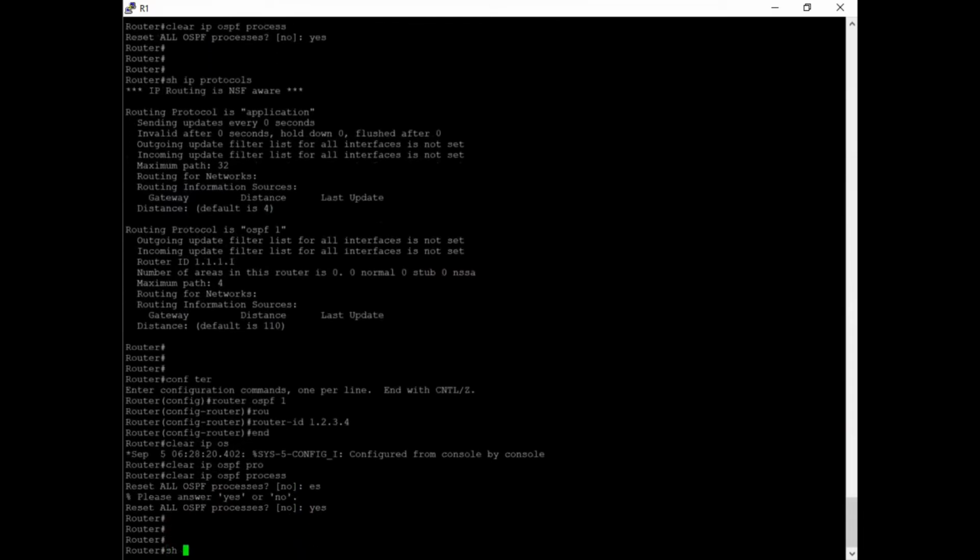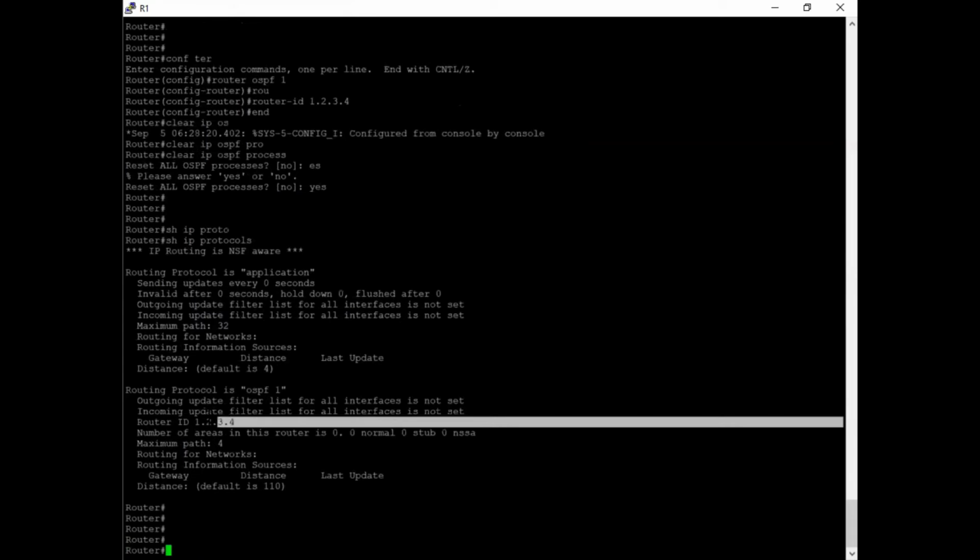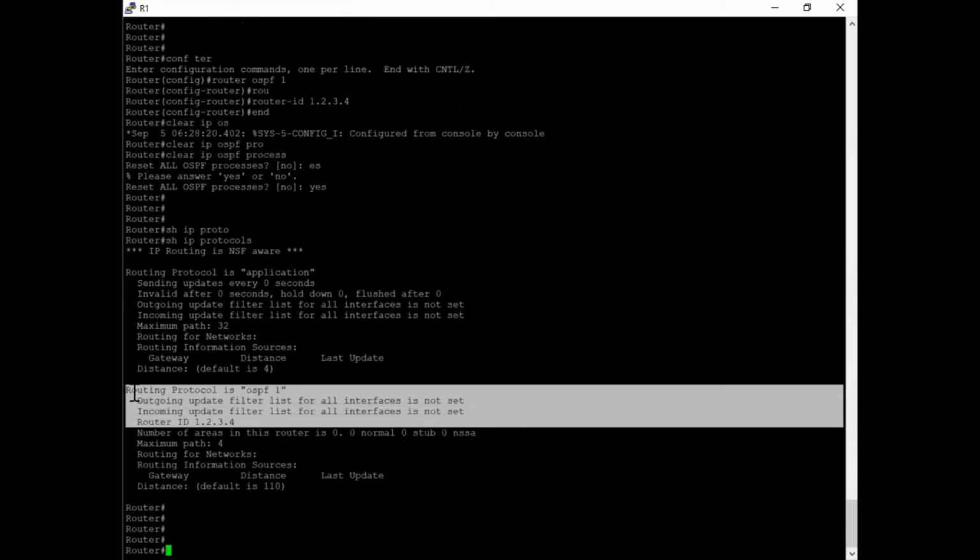Let us check if it comes into the picture. Protocol, and you can see manual is preferred now. So manual is highly preferred. Second is the highest loopback IP, and the third is your highest physical IP address.